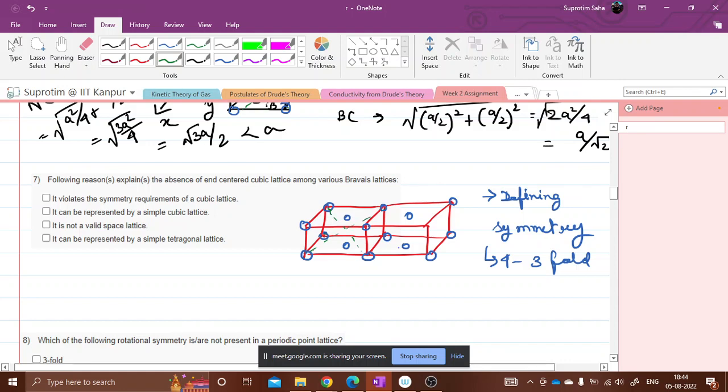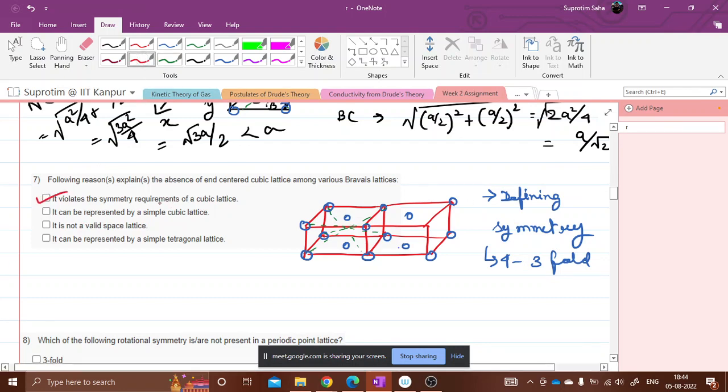So this one. You can naturally see that if you rotate around these diagonals, the symmetry will not be retained. So the first reason for it not being a Bravais lattice is that it violates the symmetry requirements of a cubic lattice. All right. So the defining symmetry, that is the 4 three-fold symmetry, it violates that symmetry requirement. So first would be a correct answer.